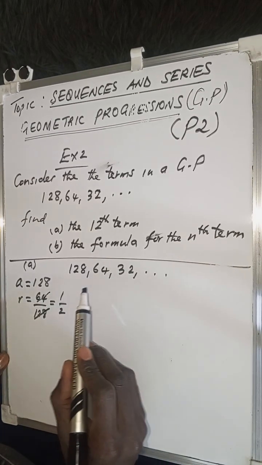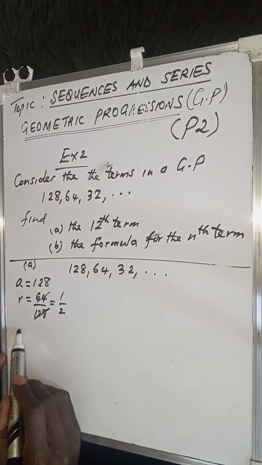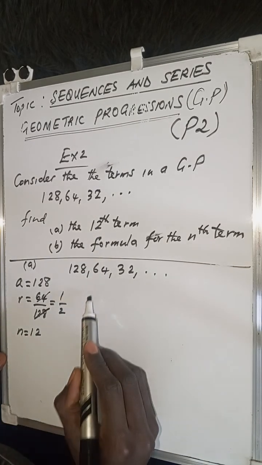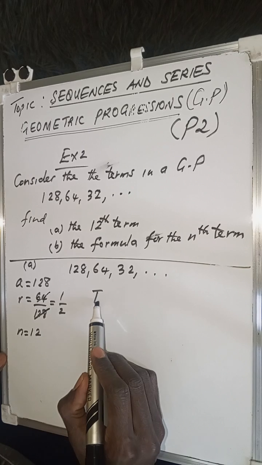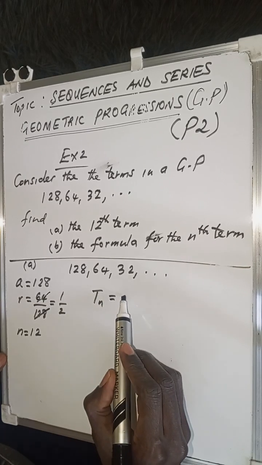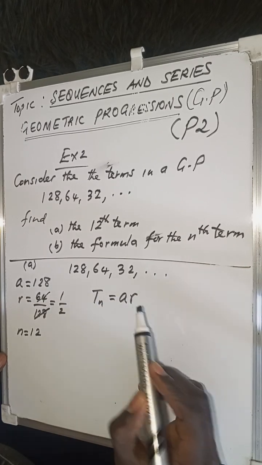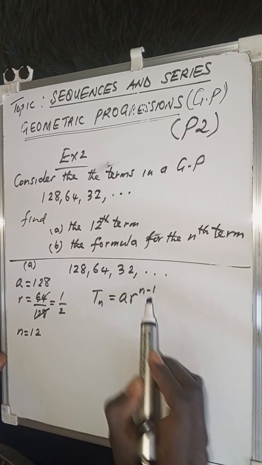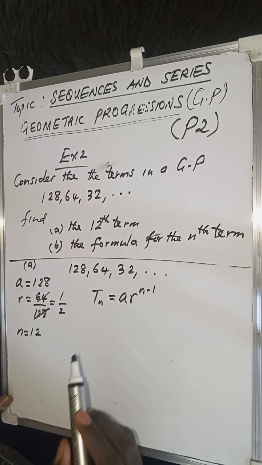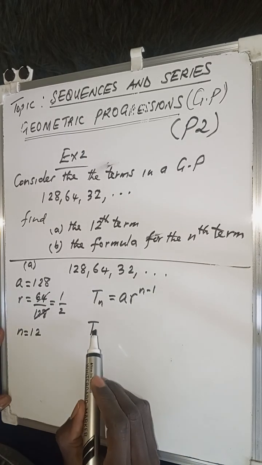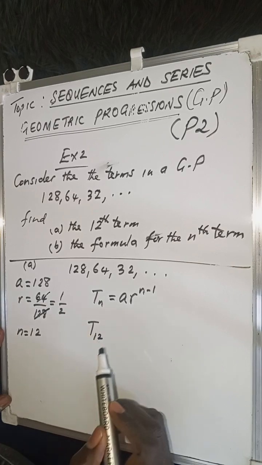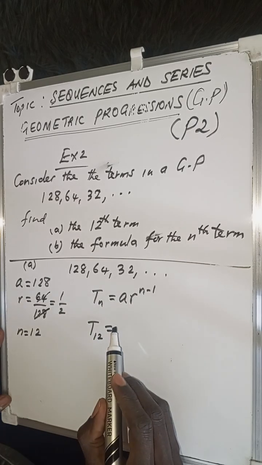So now, since they are saying the 12th term, meaning that when n is equal to 12, you apply the formula for the nth term, Tn is equal to the first term times the common ratio, but raised to n minus 1. All right. So it will be T12 is equal to, what is the first term there?